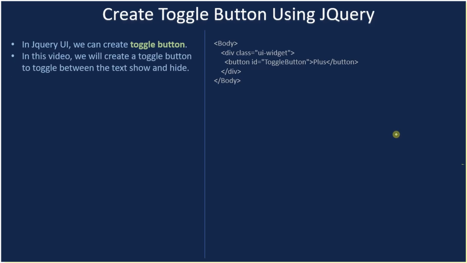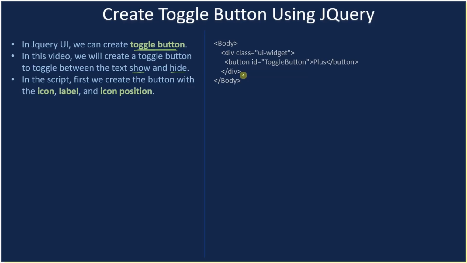In this video, we will create a toggle button to toggle between text, show and hide. So we want to toggle between these two texts, right? Show and hide. This will help you to know how you can create a toggle button using the jQuery UI API.